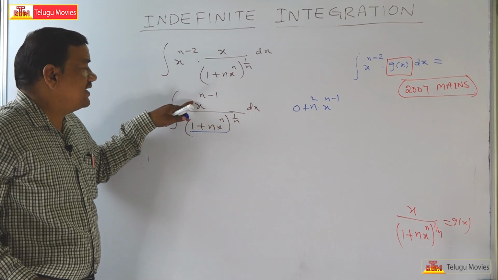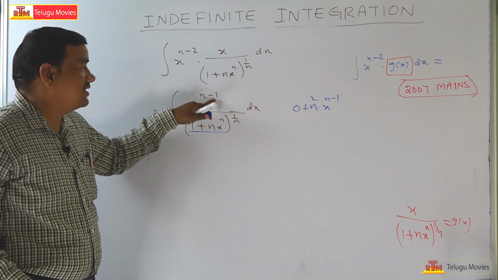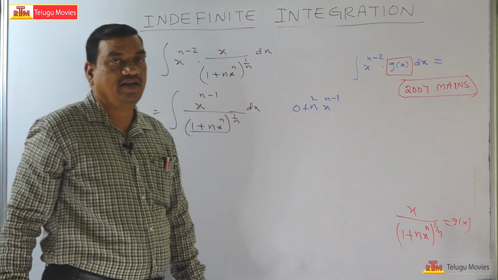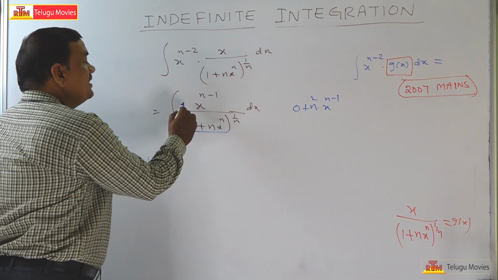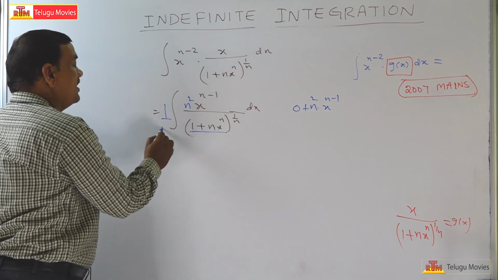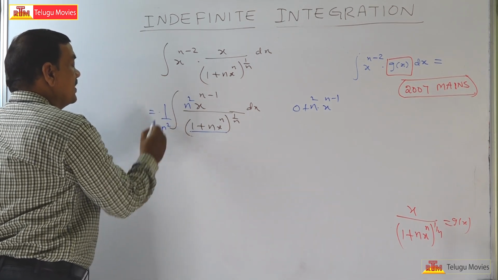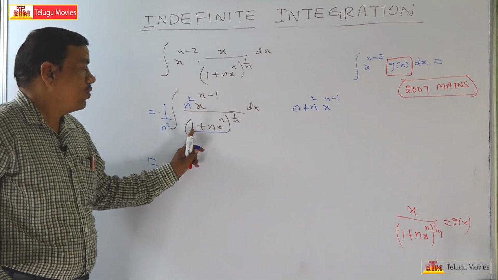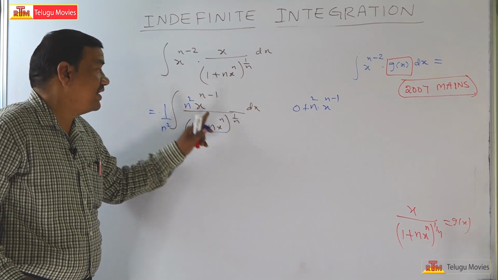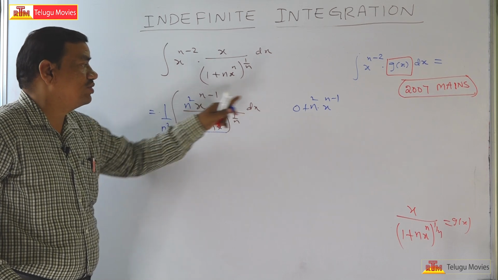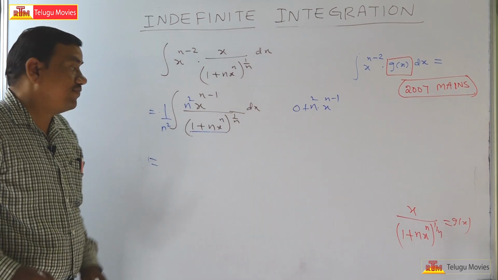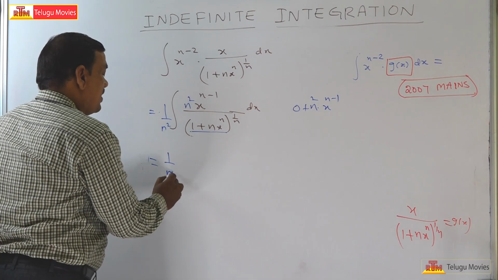But in the numerator, x to the power of n minus 1 is there, but n square is not there. That's why multiply the numerator and denominator with n square. Now the derivative of 1 plus n into x power n is n square into x to the power of n minus 1. Therefore, we can write it as 1 by n square.